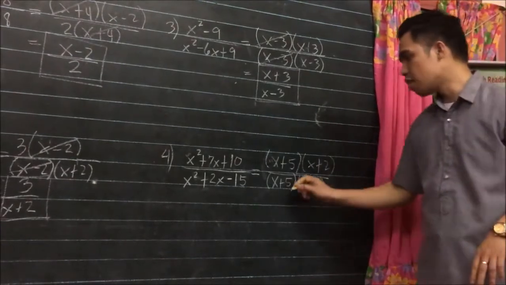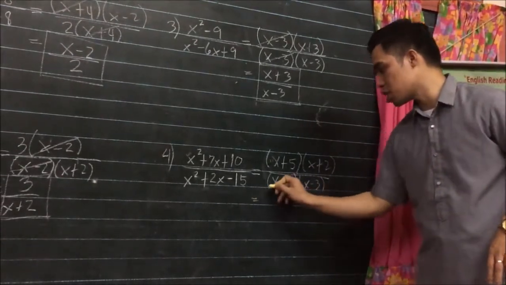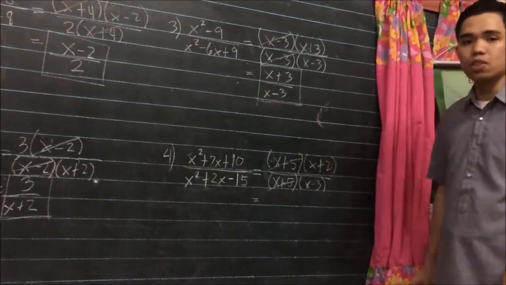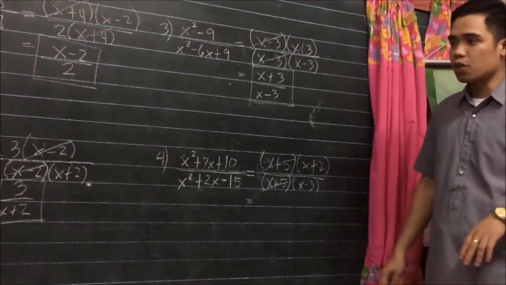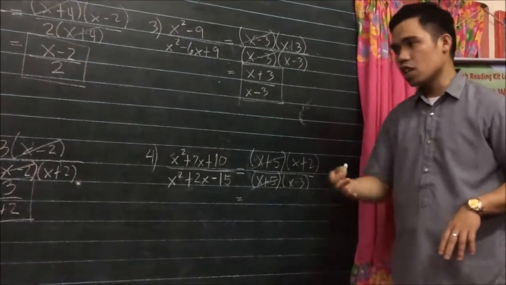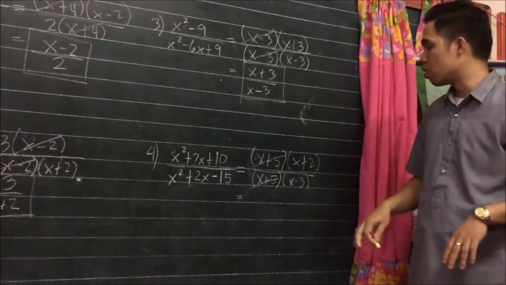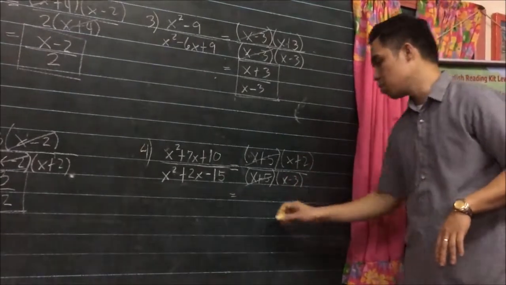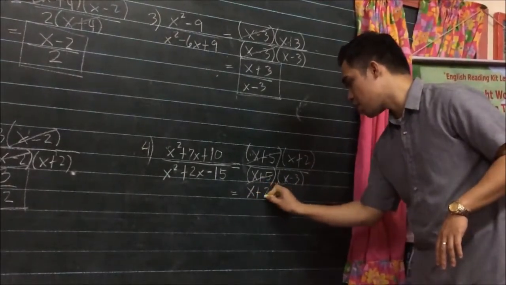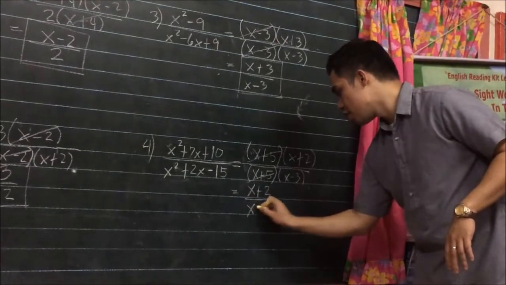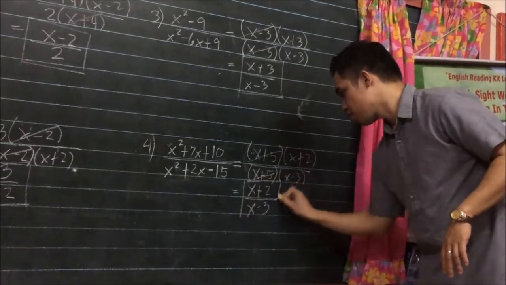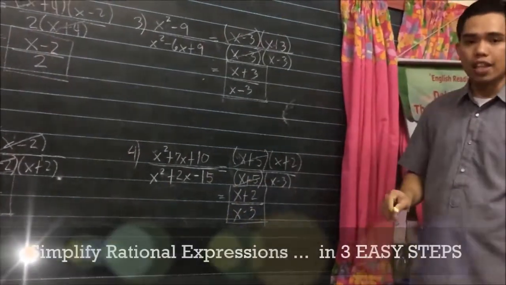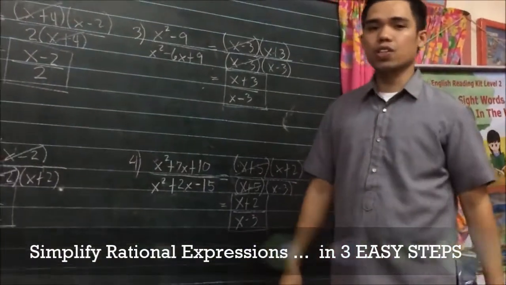But we have exactly the same factor, x plus 5, so we can cancel that, which is actually our second step. And our third step is to write the simplified form. Whatever's left will be part of the simplified form. So our simplified form will be x plus 2 over x minus 3. That's how we simplify rational expressions.